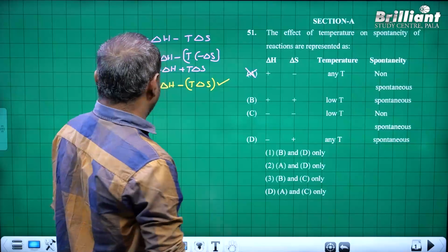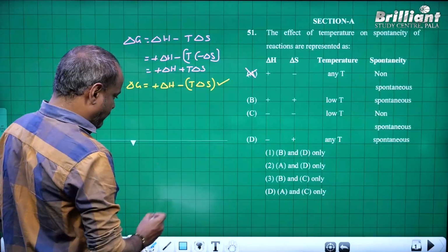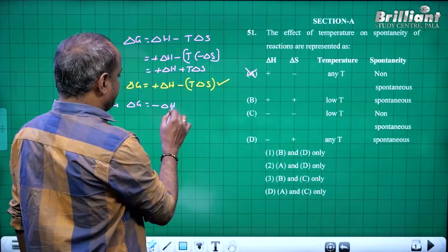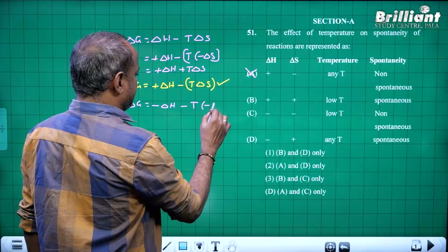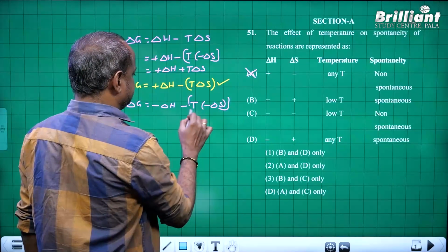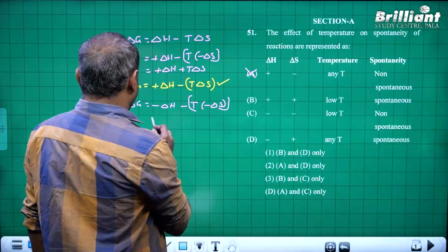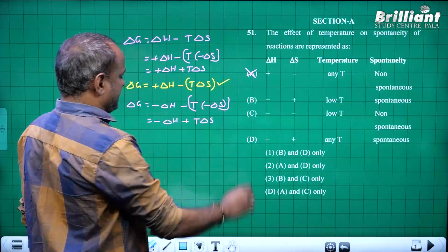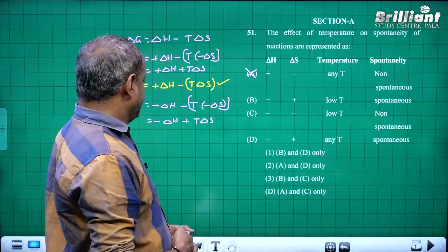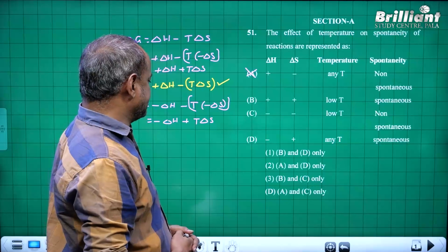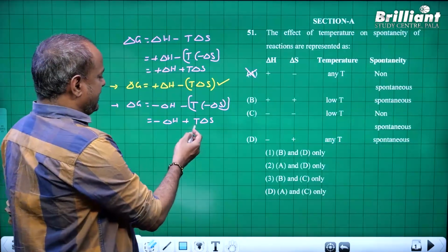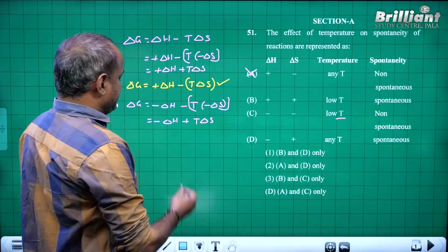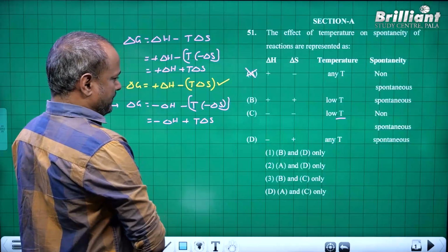Next to C, both minus. Delta G is equal to minus H minus of minus S, minus H plus T delta S. So minus H plus T delta S, that means if T delta S is small value, that is low T present, then delta H value predominant.